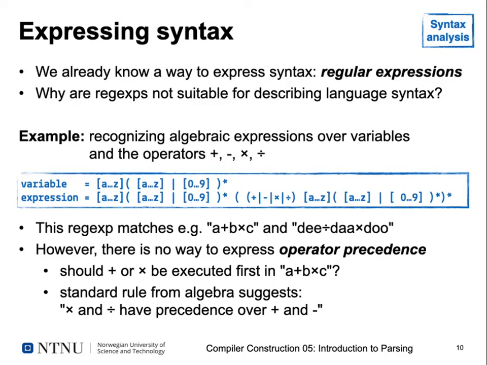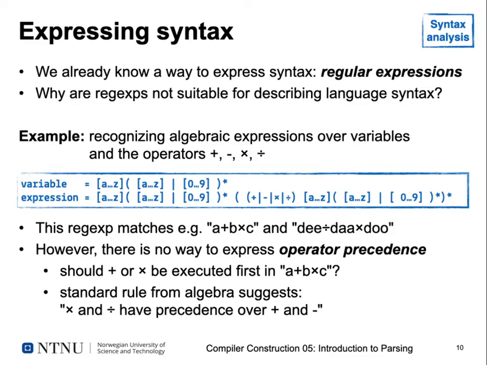There is no way to express operator precedence. So the question we need to ask is, which operator needs to be executed first? Should a plus operator or multiplication operator be executed first in an expression a plus b times c? And you know the standard rule from school, your standard algebra rules, that says the multiplication and division operations have precedence over addition and subtraction.